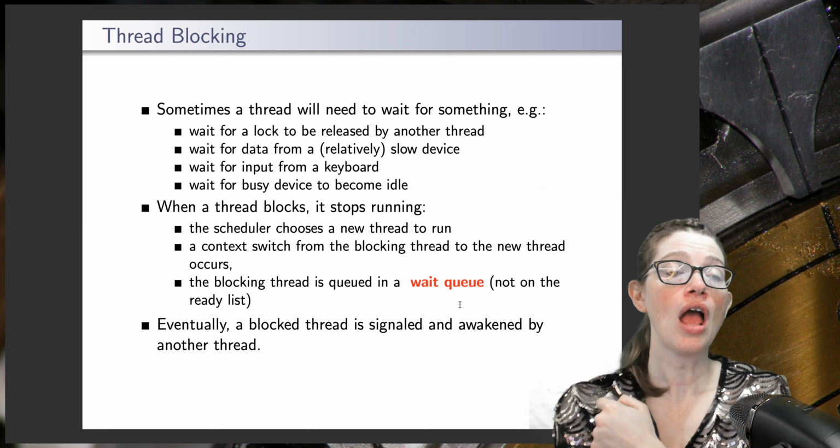But effectively, you're going to have code where another thread is responsible for waking you up. So in the case of sleep, it's the kernel of the operating system that is responsible for noting that you are asleep for a period of time.